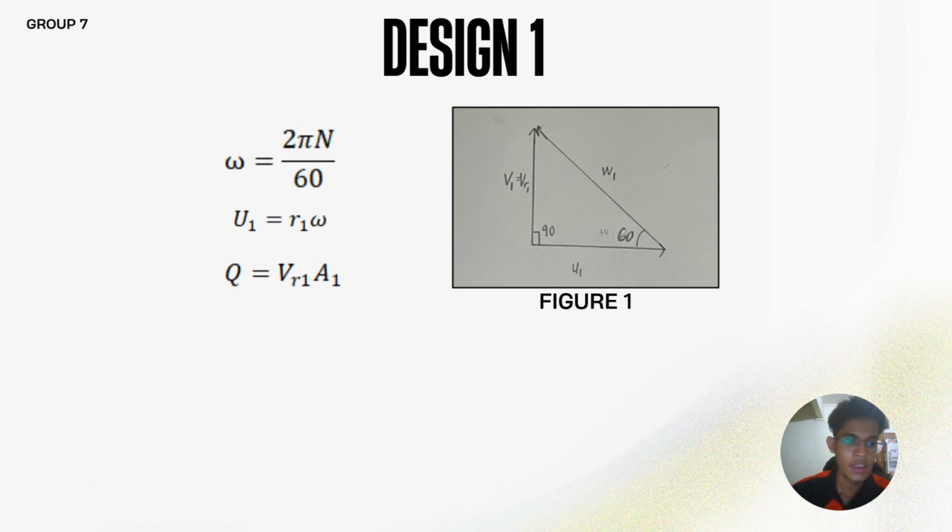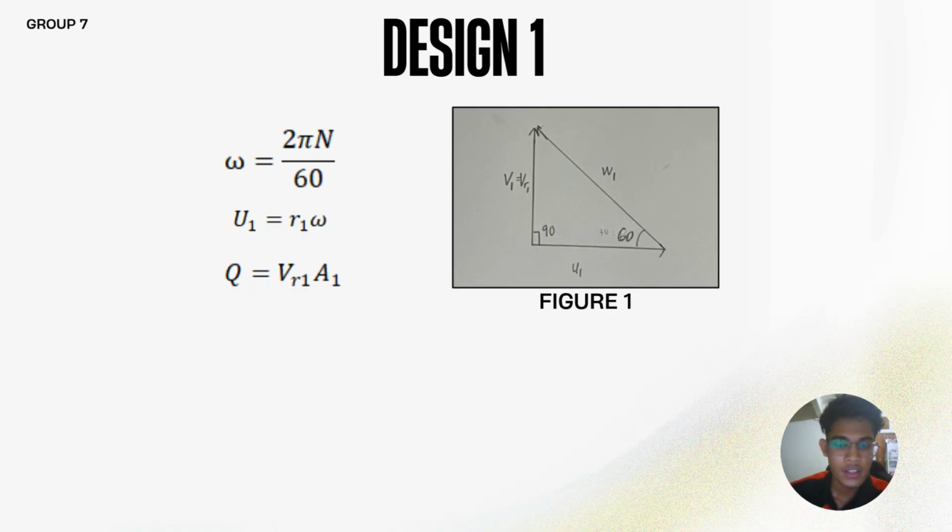Because the absolute flow angle is 90 degrees, we assume that V theta 1 is equal to 0. And to find the VR1, which is the radial velocity, we use the equation Q equal to VR1 multiplied by A1, which is area. For the area, we use the formula 2 pi R B, where B is the inlet thickness for design one.